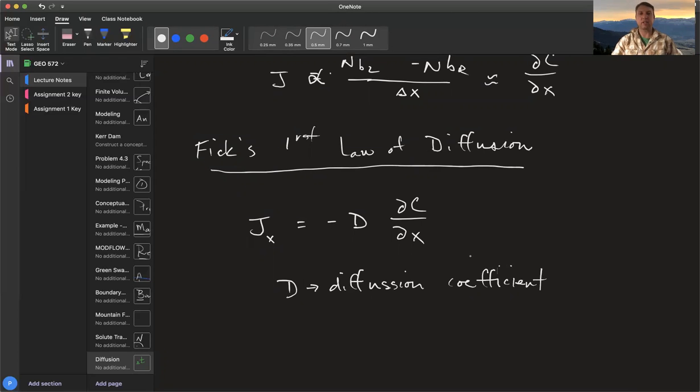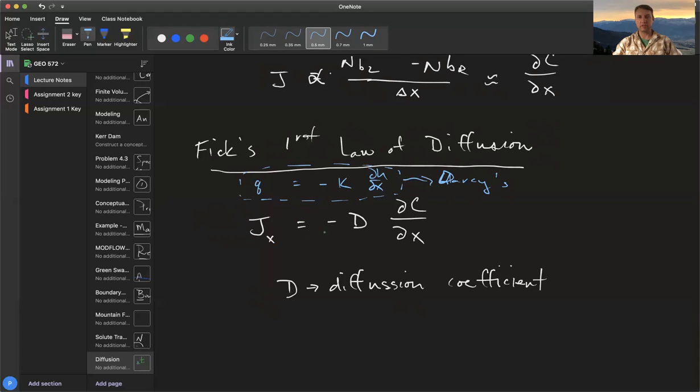Okay, so let's take a step back and look at the form of this. Let's recall another law that we've talked about. Q is equal to negative K dH/dx. You see, this is Darcy's law, and Darcy's has the exact same form as Fick's first law.